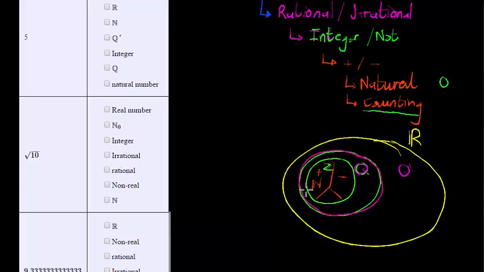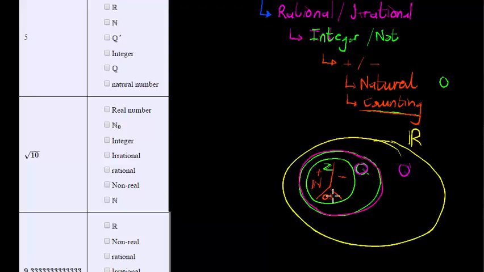If it's not positive and it is not negative, it includes 0. That's the only one that does not include the counting numbers. So it is not a counting number, and that would be 0.